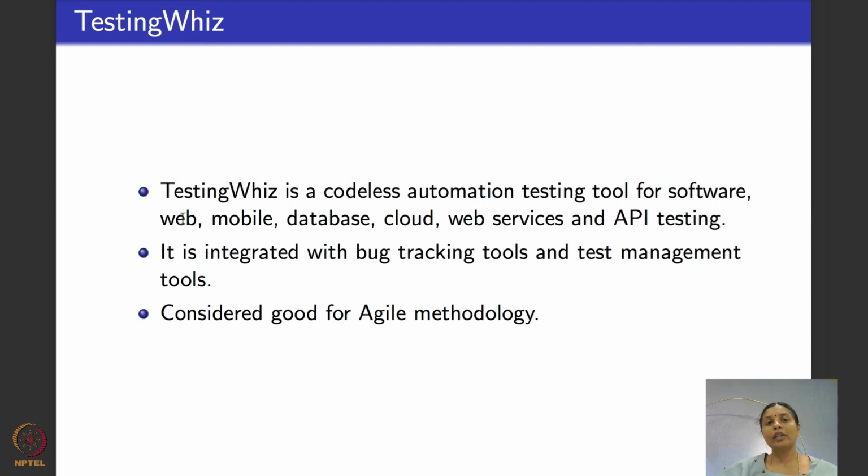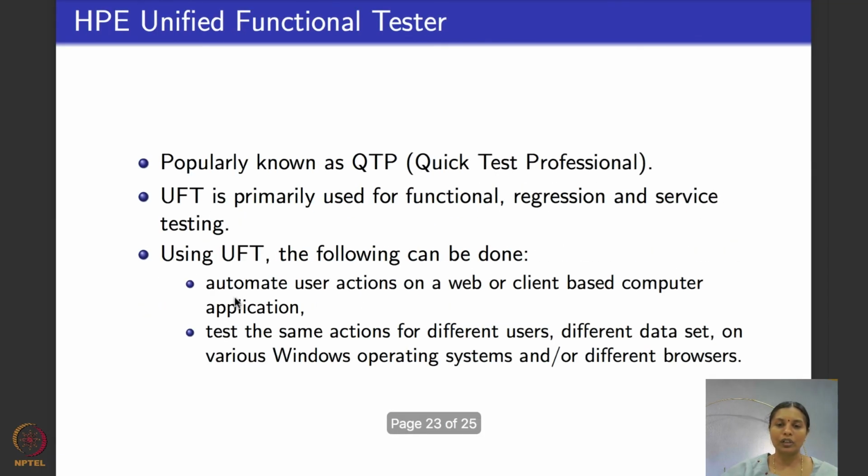The nice thing about TestingWhiz is that it's integrated with several different bug tracking and test management tools. So you could use the same tool to track your defect if you found any and manage it later, instead of switching over to a separate bug tracking tool. Because of this, it is considered good for people who follow agile methodologies.